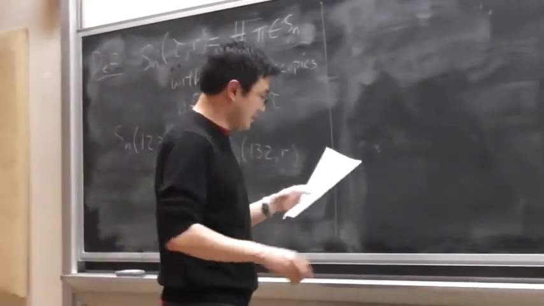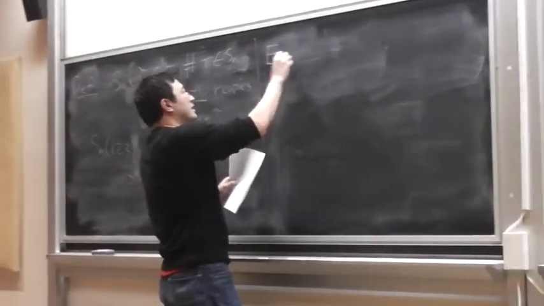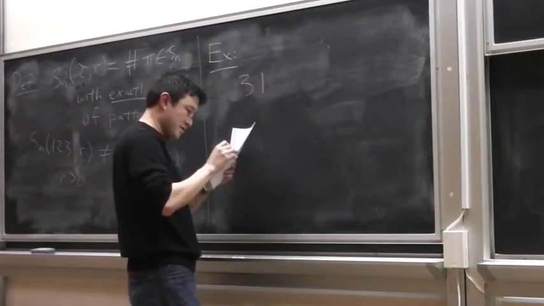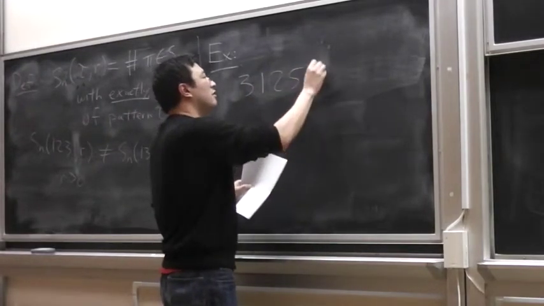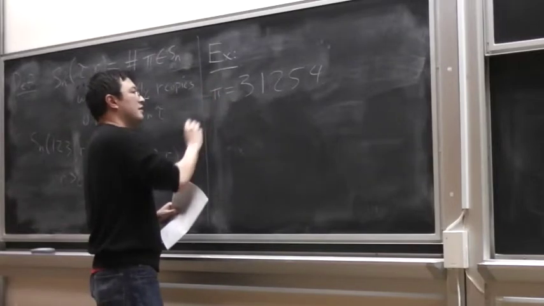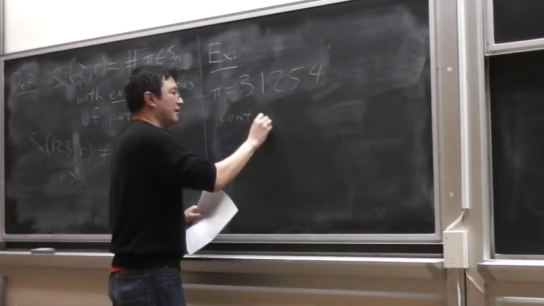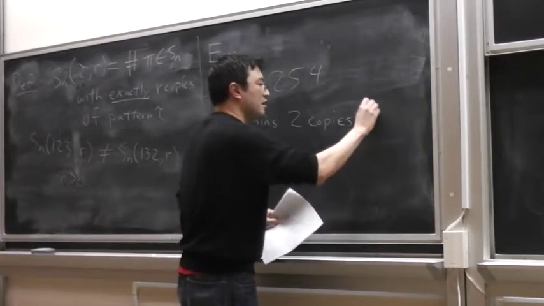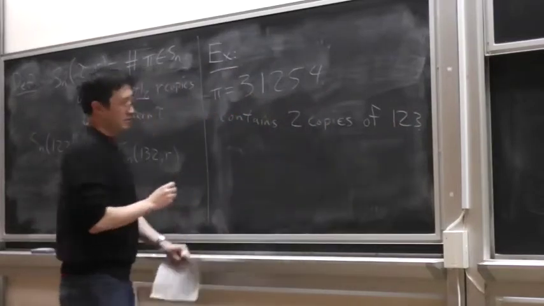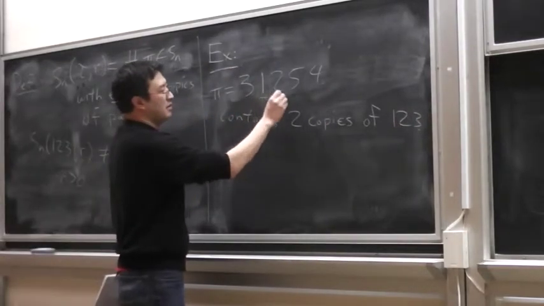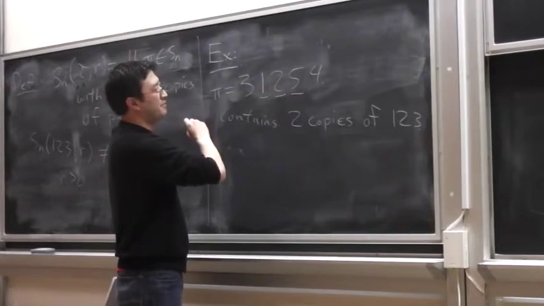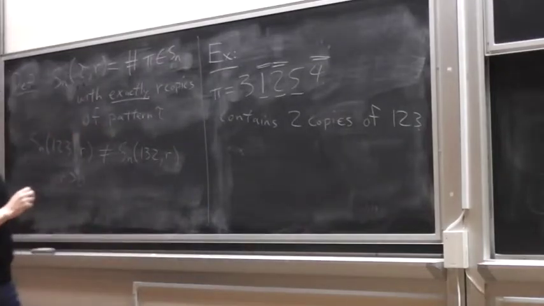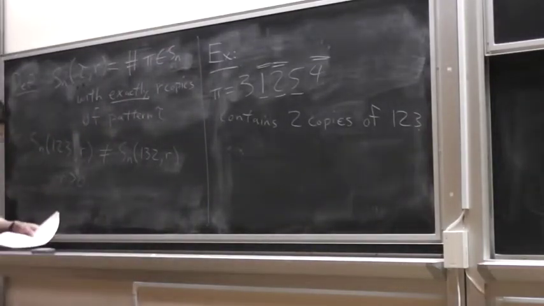Now just as a quick example, what I mean by this is that the permutation 3, 1, 2, 5, 4 contains, I believe, 2 copies of 1, 2, 3, namely the 1, 2, 5 and the 1, 2, 4.